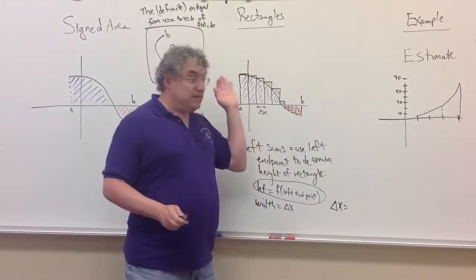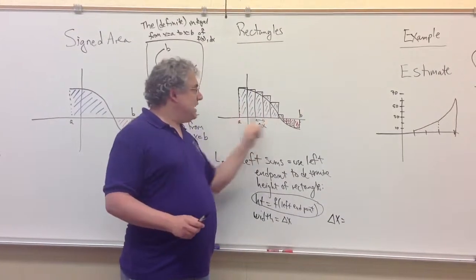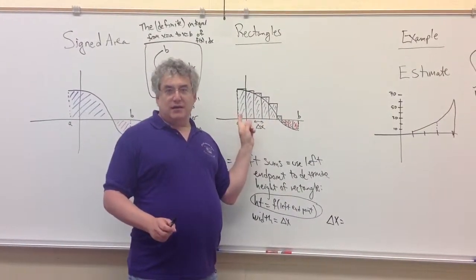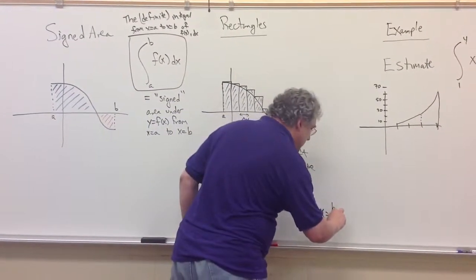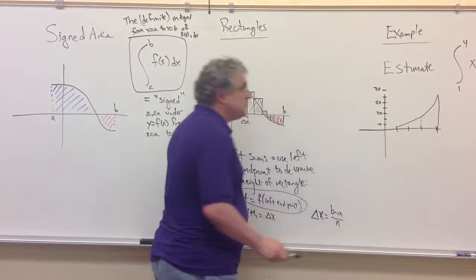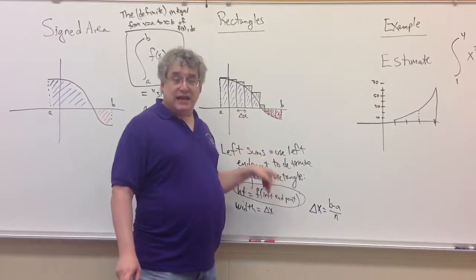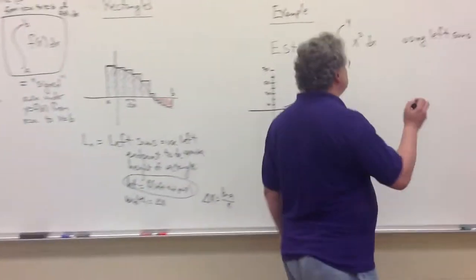Now if they're all the same, if there are 10 of them here, then each one is going to be 1/10 of b minus a. If there are 7, it's going to be 1/7, and so on. So delta x is always going to be b minus a over n. So let's do an example of this, and then you can see how it is pretty close to what we're looking for, or at least it's reasonably close.